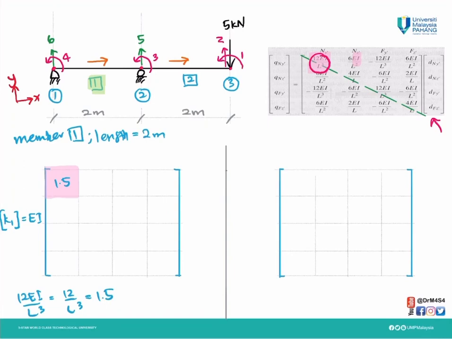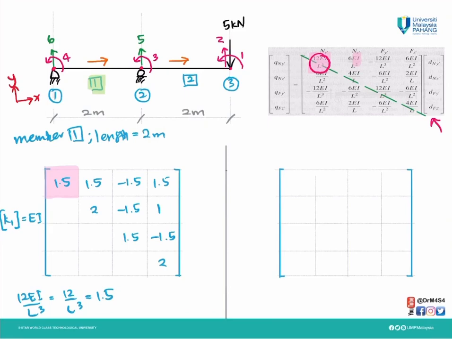So we will get 1.5 here, negative 1.5, 1.5, 2, negative 1.5, 1, 1.5, negative 1.5, and 2. It is enough if we just do the half side. The rest we can easily copy.